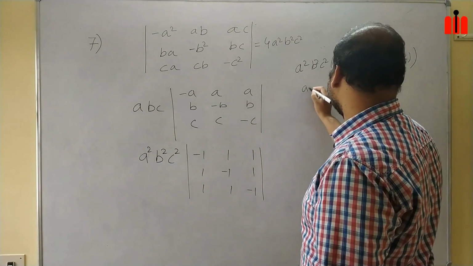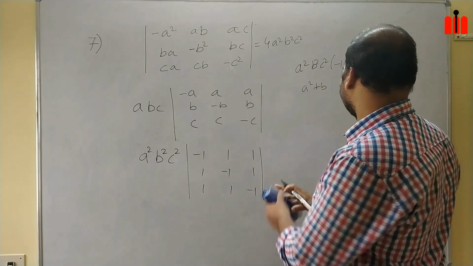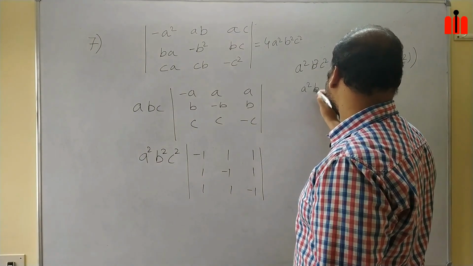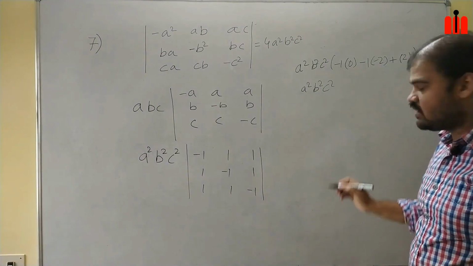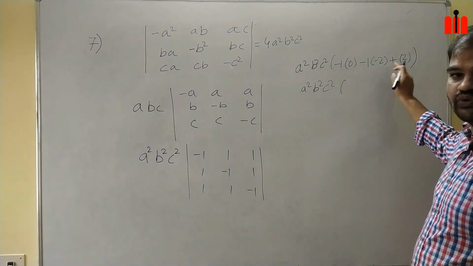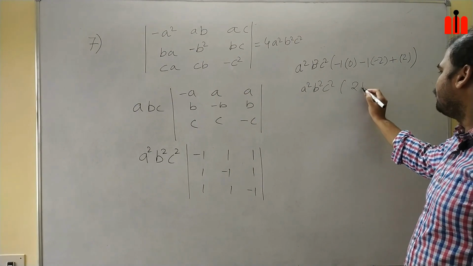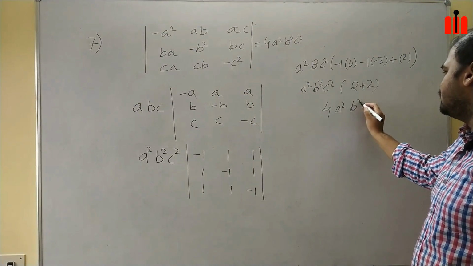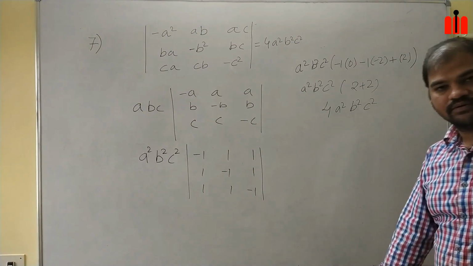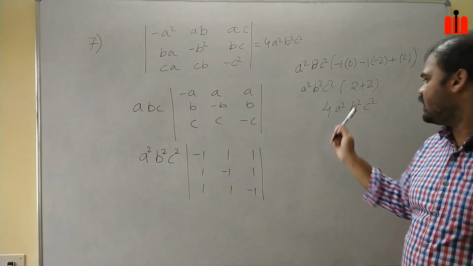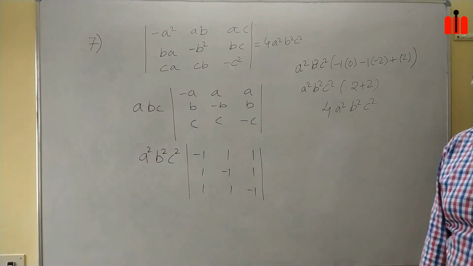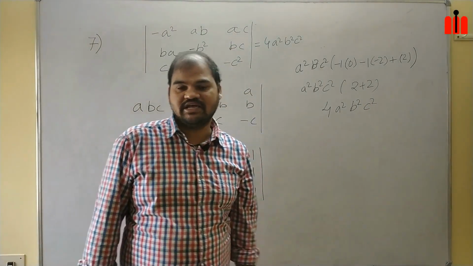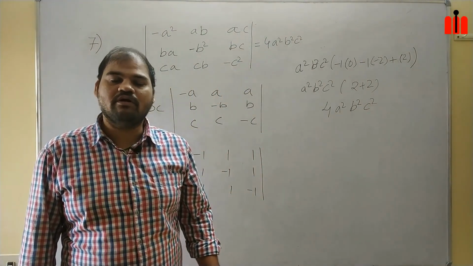So it is a square, b square, c square, 0, here it is 2, here it is 2. So 2 plus 2, it is 4 a square, b square, c square. So this will become 4a square, b square, c square. Are you getting it? So this completes problem number 7. Let's move on to problem number 8.